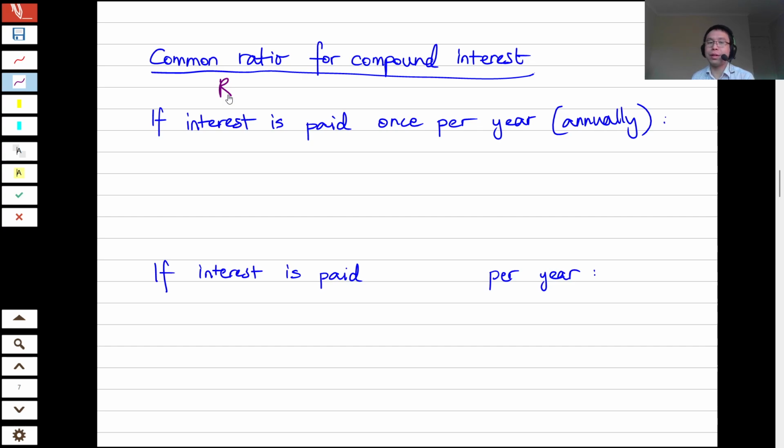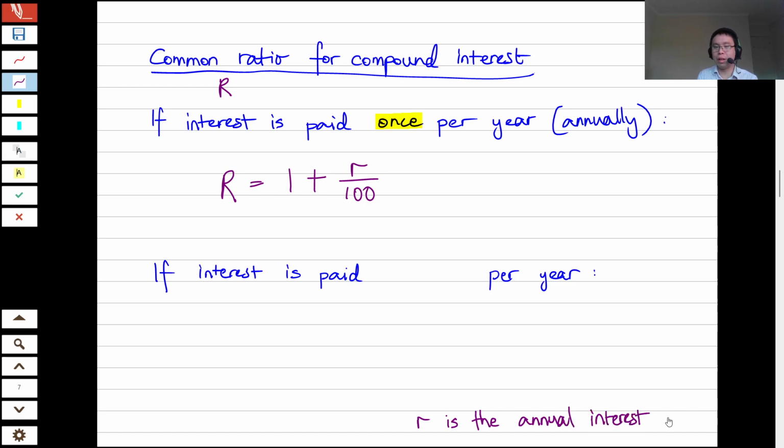So if you are receiving compound interest and the payments are made once per year, then the common ratio you want to use in your recurrence relation is 1 plus R divided by 100, where R is the annual interest rate.